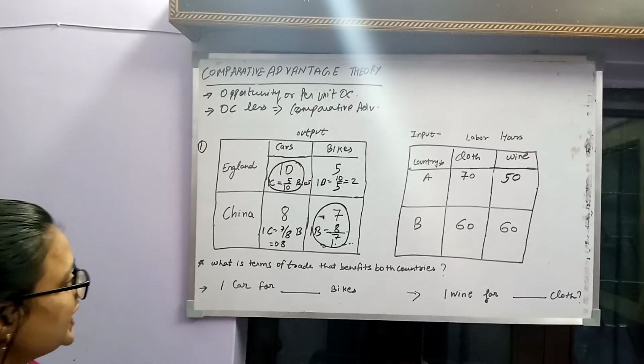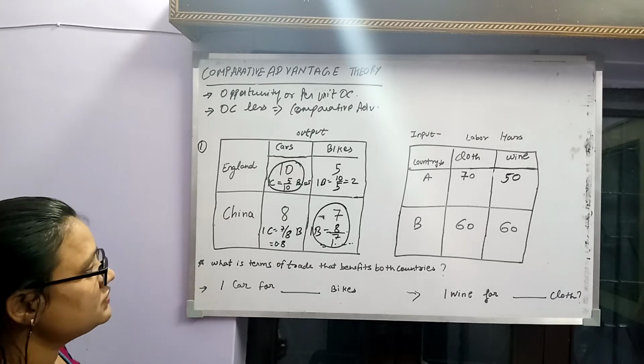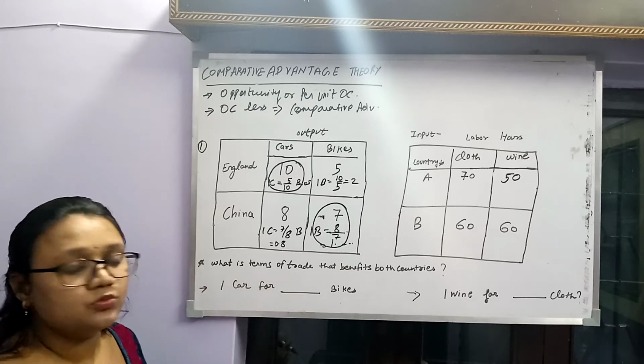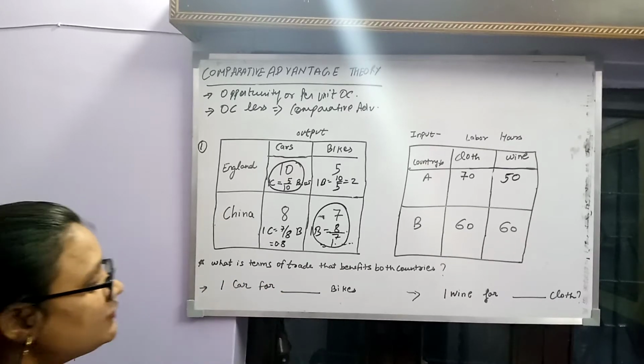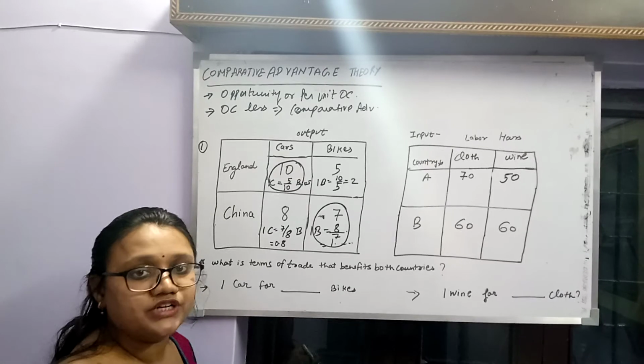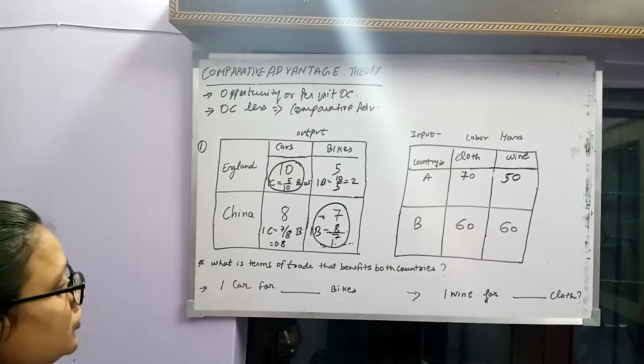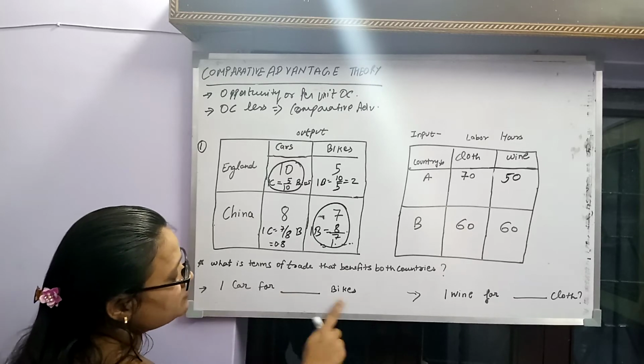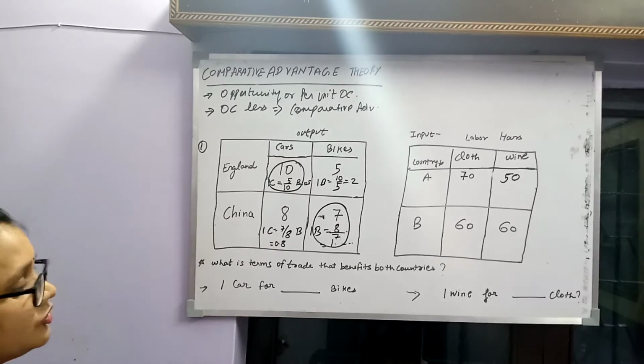Next is the question that is asked: what is the terms of trade that benefits both countries? Now we have to identify the terms of trade so that it will benefit both countries. Here it is asking, for one car, how many bikes should be given so that it benefits both countries.